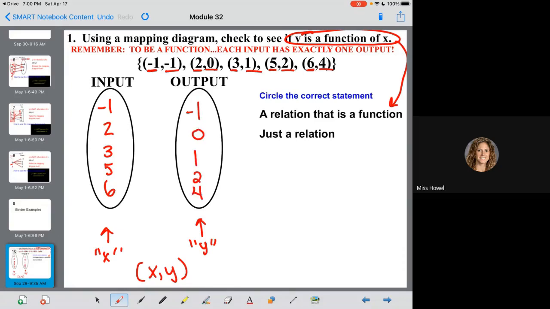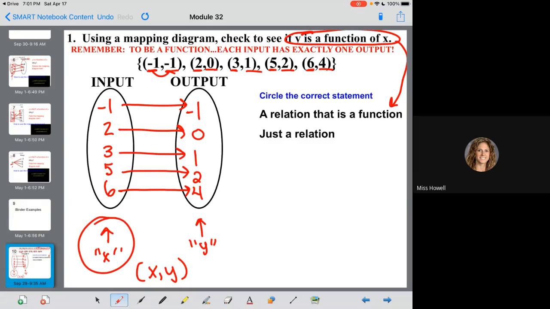All right, now we're going to do what I call the sewing of the pickles, right? We're going to attach what goes with what. So this -1 goes to -1. So straight across here. 2 goes to 0. 3 goes to 1. Right, we're attaching them together. 5 to 2, and 6 to 4. And then once we have our mapping diagram drawn, we want to look over here at our x's.